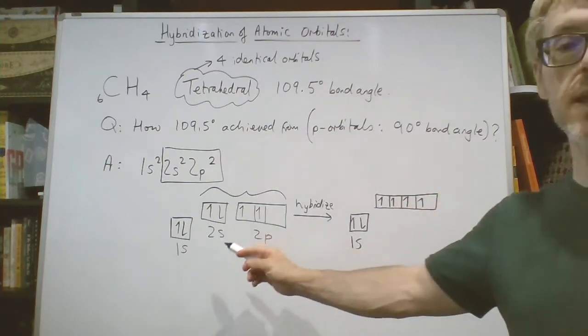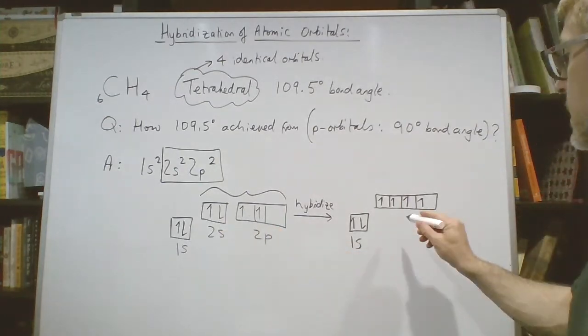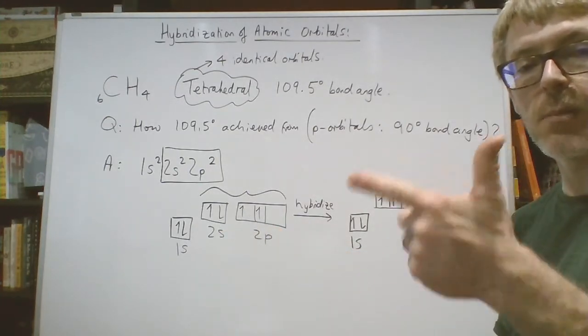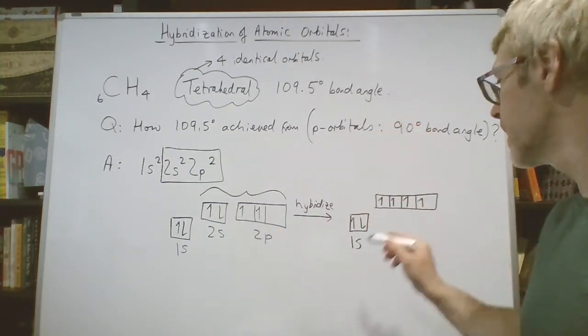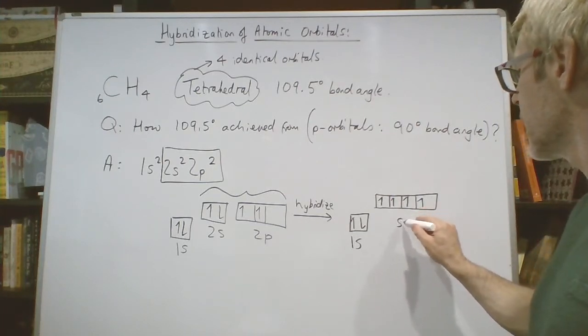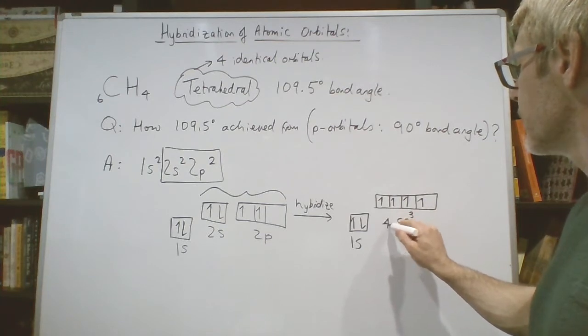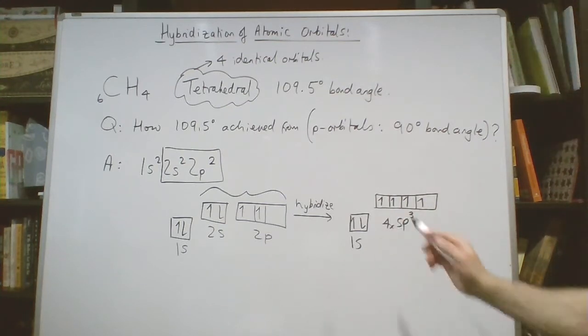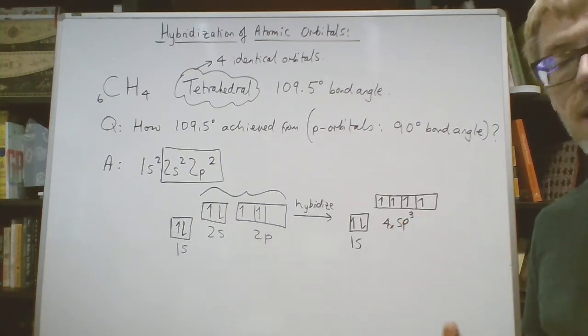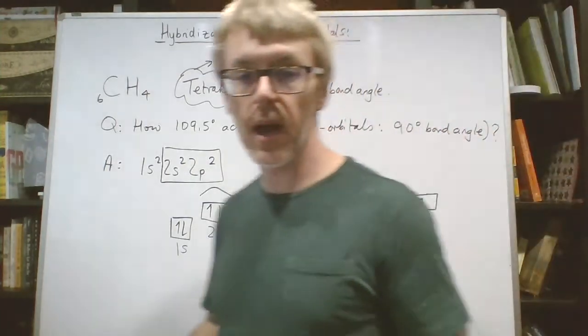Now we've mixed an s with 2 p's, so we have sp3 hybrids. We've actually got 4 of them. So each one of these orbitals now is a hybrid, and each hybrid is an sp3 hybridized orbital.